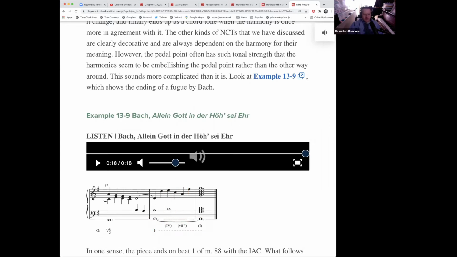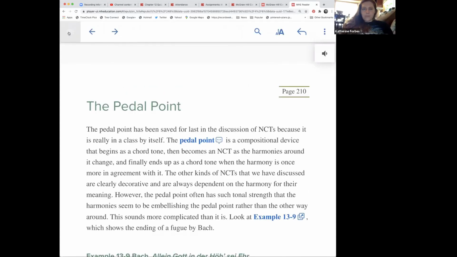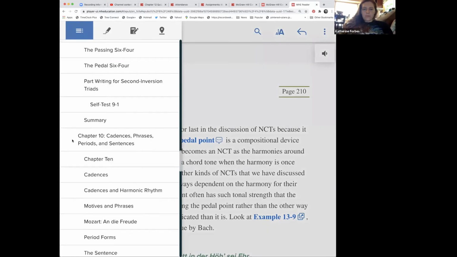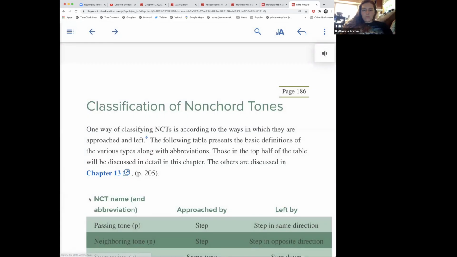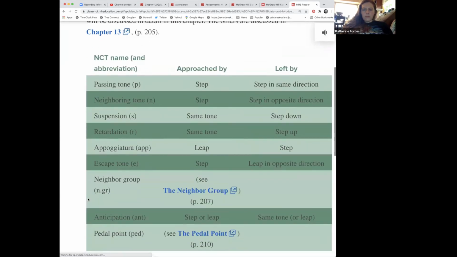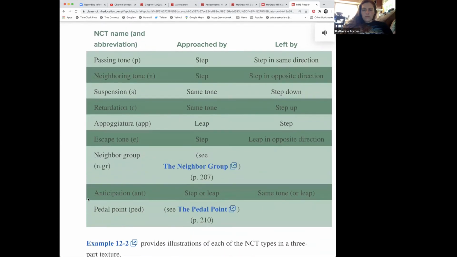Does that make sense? Any other questions on these non-chord tones?